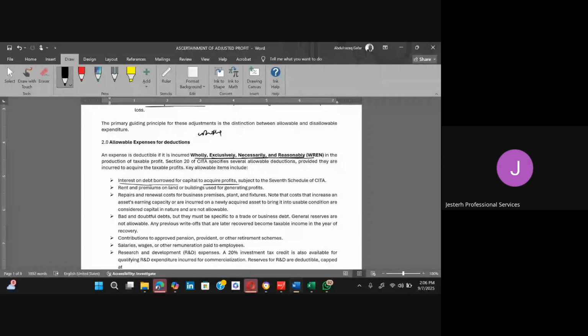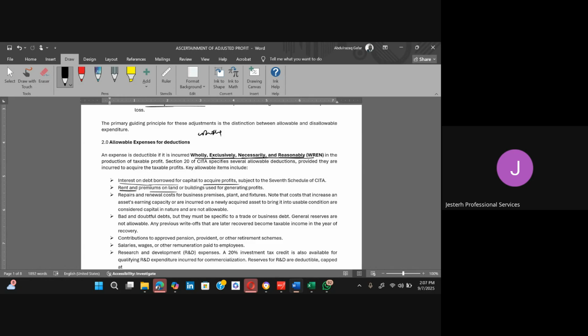Such interest accrued on that type of loan will be allowed to be deducted for your tax purposes. Rents and premiums on land or building used for generating profits are also allowed. What we are saying here is that not every rent you incur will be allowed for deduction for your tax purposes.